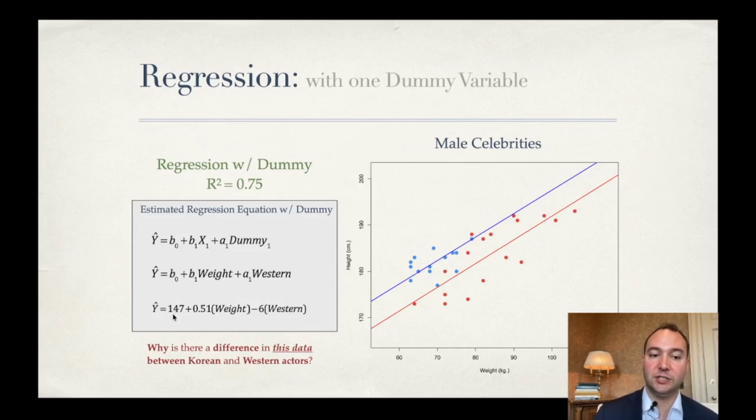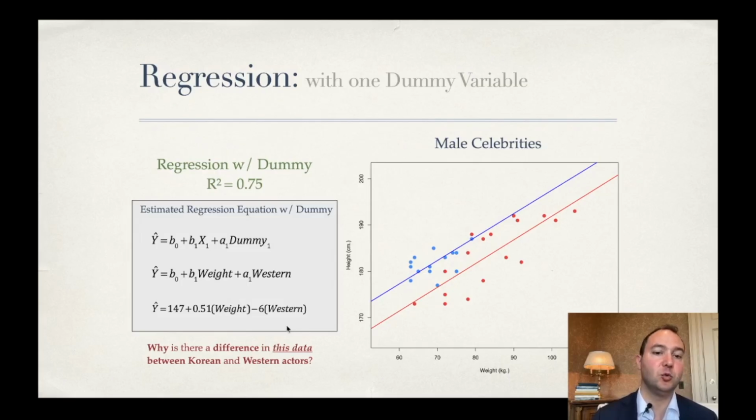What was our coefficient? Our intercept was 147. Our coefficient for beta 1 is 0.51 times the weight of each individual, minus 6 times whether they're Western or not. If it's a Western actor, this value is going to be 1. If they're a Korean actor, this value is going to be 0.